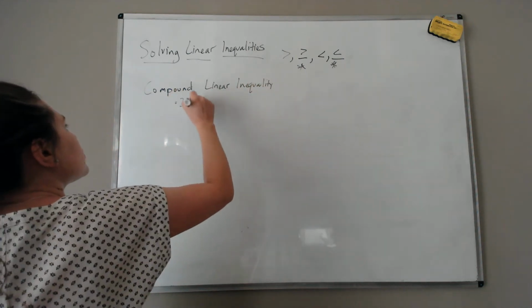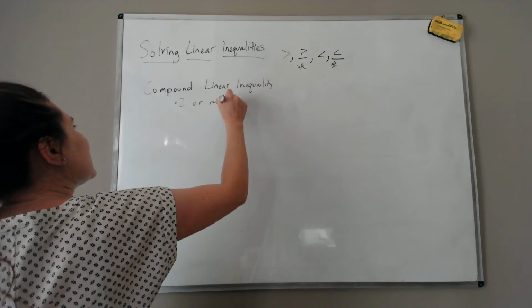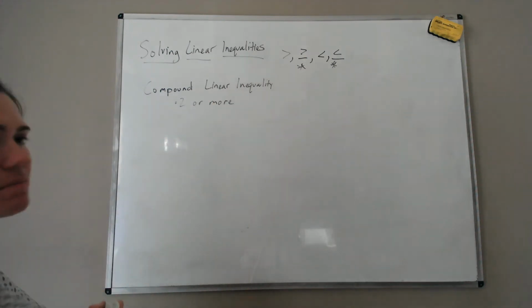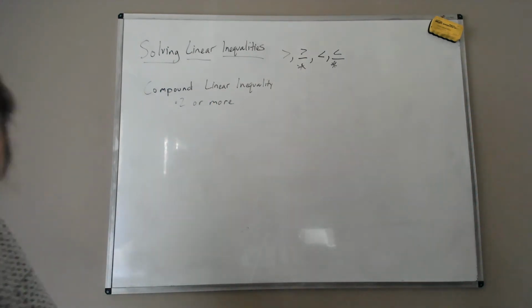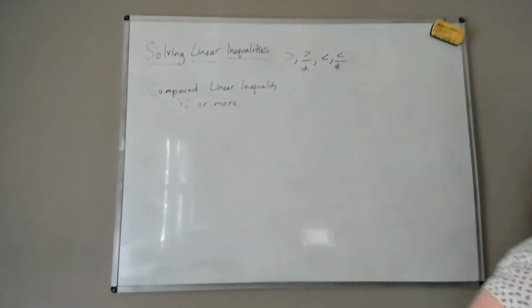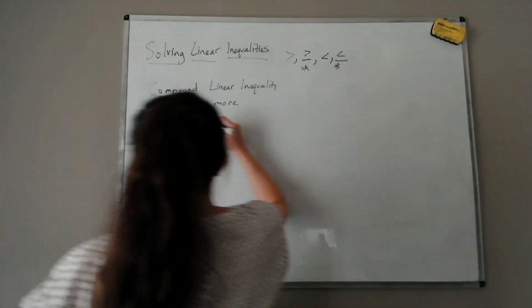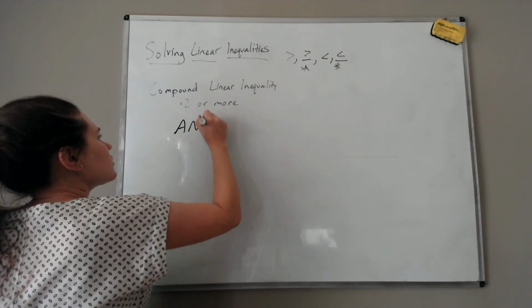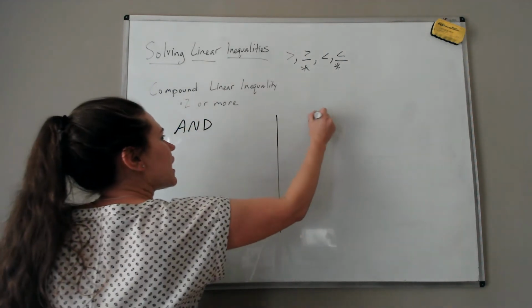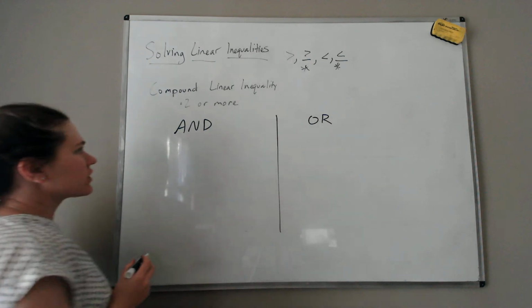It's when you have two or more inequalities in the same statement. Now you have two types of compound linear inequalities. You have an and, and you have an or. Now, one is more restricting than the other.